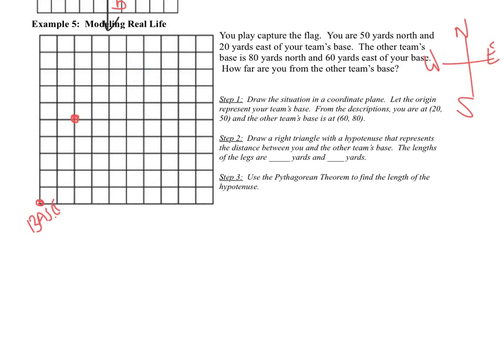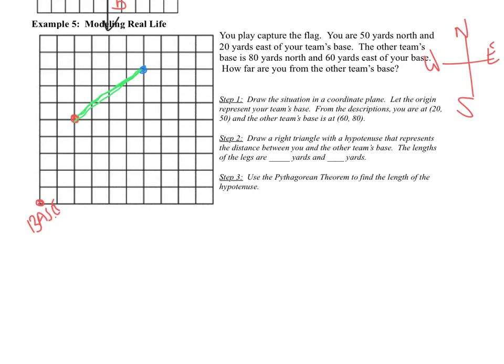So it is 80 yards north and 60 of ours. So what we want to now know is how far are you from the other base? Well, we are sitting right here. So we've gotten closer, but we're not there yet. So we're looking for this distance.